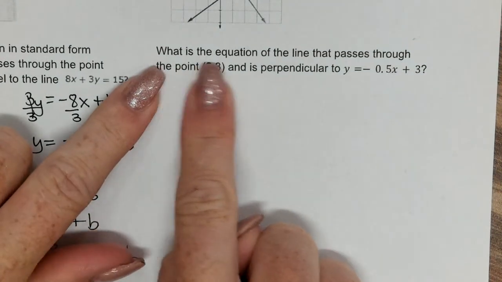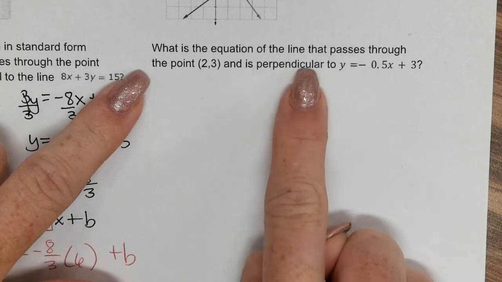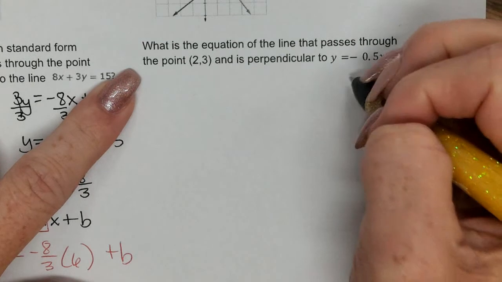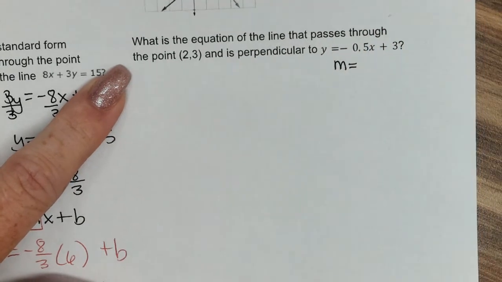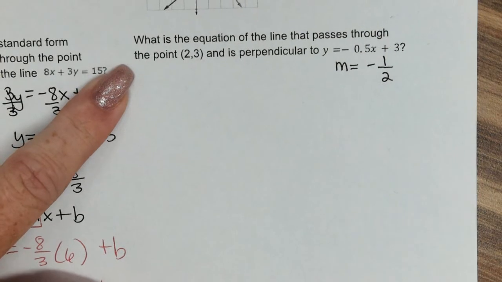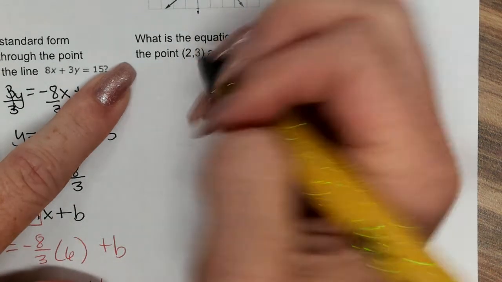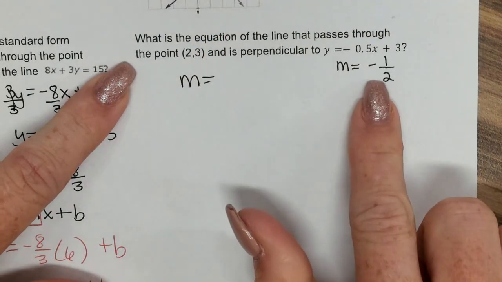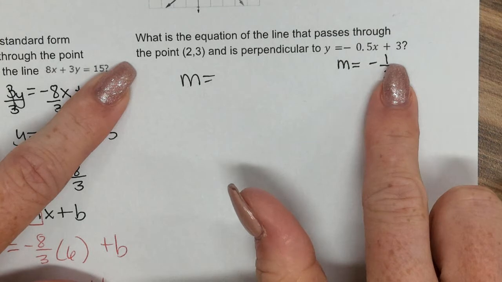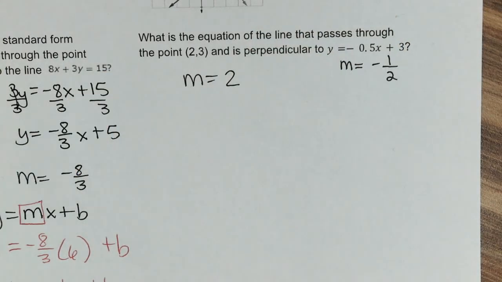It says, what is the equation of a line that passes through 2, 3? It's perpendicular to this. Well, this slope is what? Give it to me in fraction form. Negative 1/2. So a perpendicular slope will be opposite of this. So instead of negative, it's going to be positive, and you flip the fraction. So my slope of my perpendicular line will be 2.